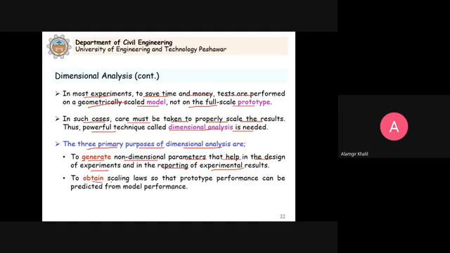To obtain scaling laws, you see the laws of similitude, because it tells us that this is the dimensionless number. So for that dimensionless number, we obtain the laws of similitude so that the prototype performance can be predicted from the model performance. And to predict trends in the relationship between the parameters.